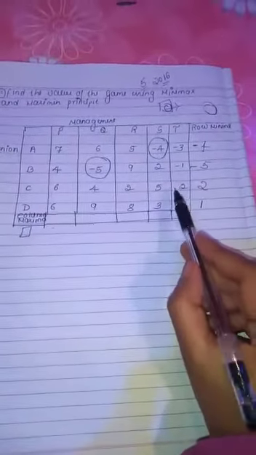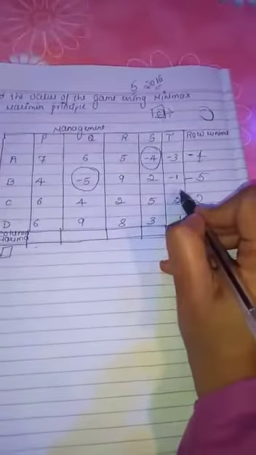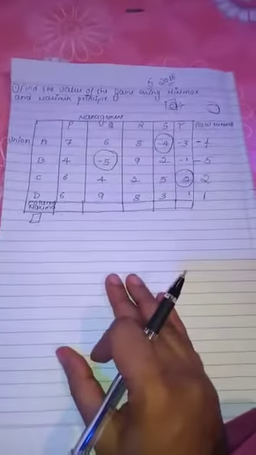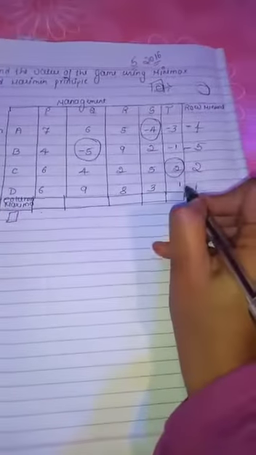So you select the 2 that is both a minimum and a maximum, so I am going to put the circle on 2 in column T. And then the minimum value in the fourth row is 1.